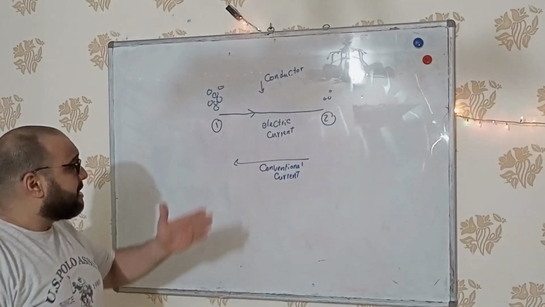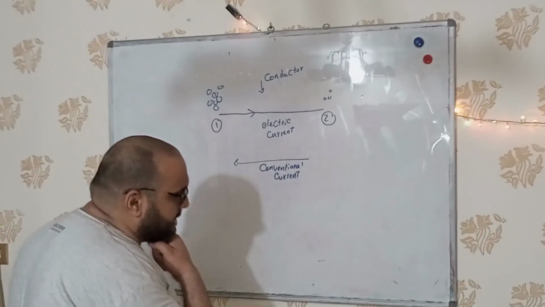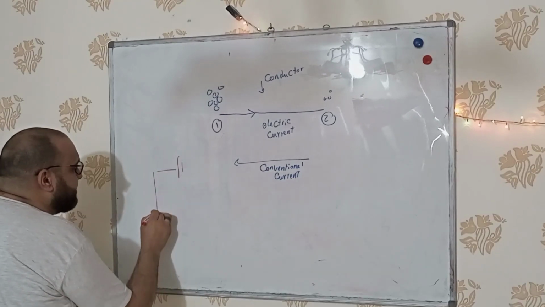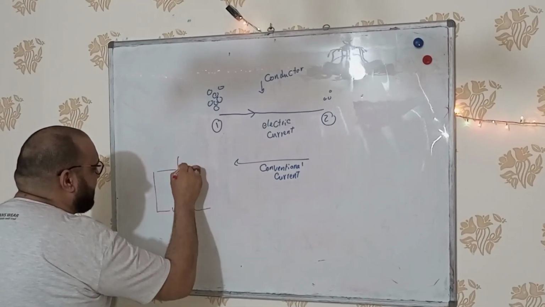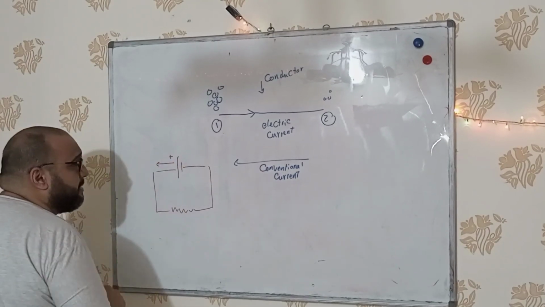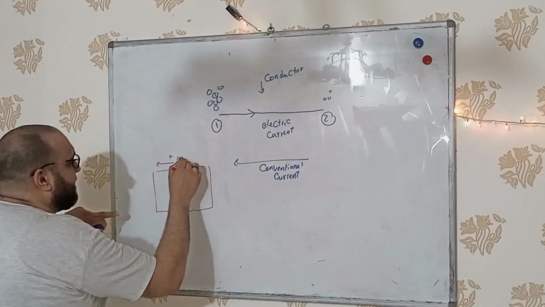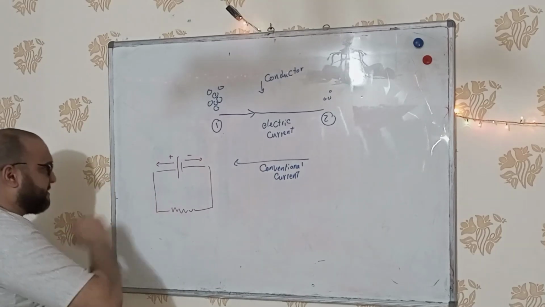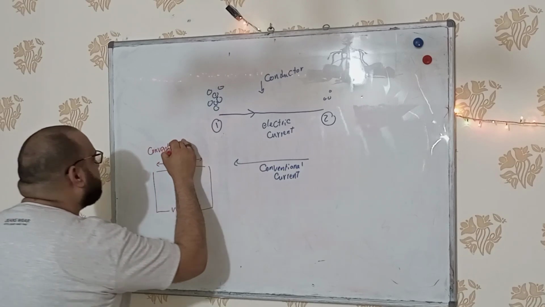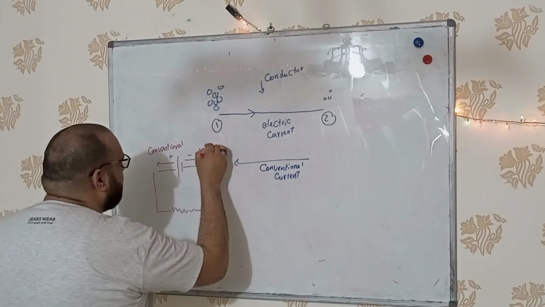So the conventional current is the flow of positive charge from one side to another. If you have a battery connected with a resistor, the conventional current will be from the positive pole of the battery to the negative one, and the real current will be from the negative one to the positive. Here is the conventional, and here is the real.